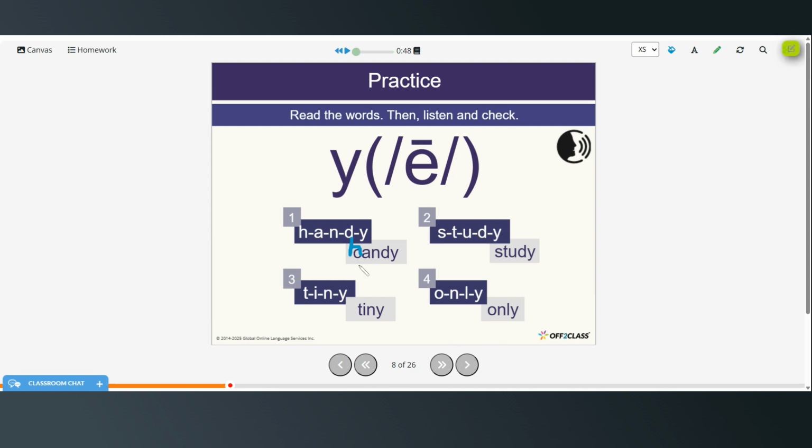So there was a mistake there on that slide, so I'll send that in to get it corrected.